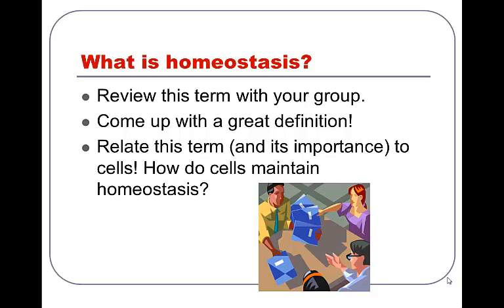Okay, at this point you should have a definition for homeostasis written down, and you should be having the discussion or already writing down what cells need to do to maintain homeostasis. You, for example, need to maintain a constant temperature. Your body needs to maintain a pH, different in your stomach, your intestines, your blood. What kind of things are the cells working to maintain? Write that down. What things do cells need to keep the same? Talk to your group. Come up with some ideas.